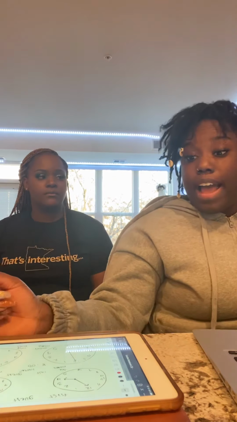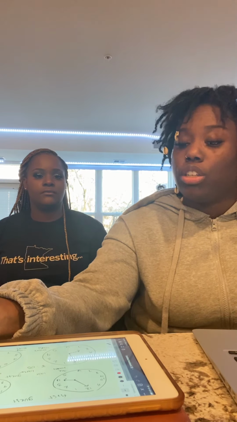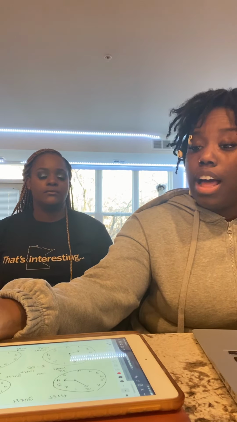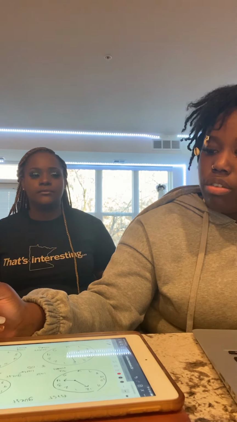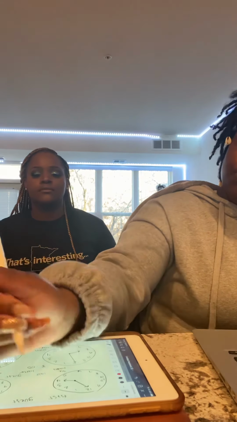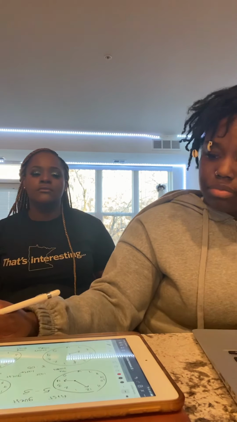I will underline and highlight the key words. The first guest came at 5 o'clock. That's an important detail. The last guest left 3 hours later.